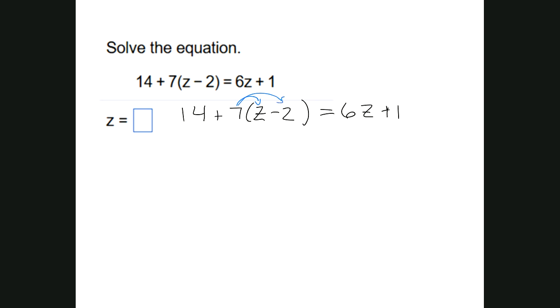Everything else will remain the same. So here is 14 plus 7 times z is 7z. 7 times negative 2 is negative 14. And let's keep rewriting.